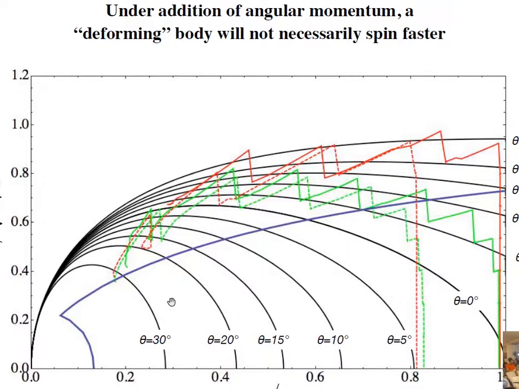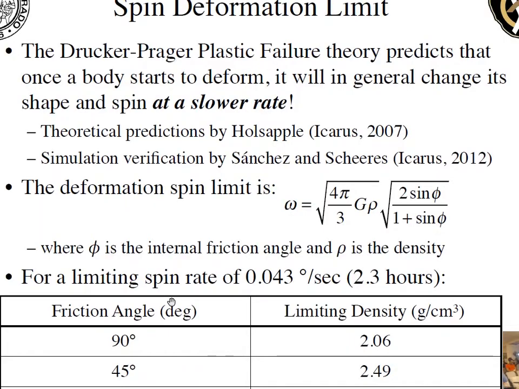But then as you increase the angular momentum further, or deform the shape further, you don't necessarily have a change in the spin rate. In fact, if you apply some standard failure theories to a body, it shows that once it starts to deform, in general, it changes its shape instead of just spinning faster. And once it changes its shape, it can actually spin at a slower rate, even though the total angular momentum of the system is increasing.